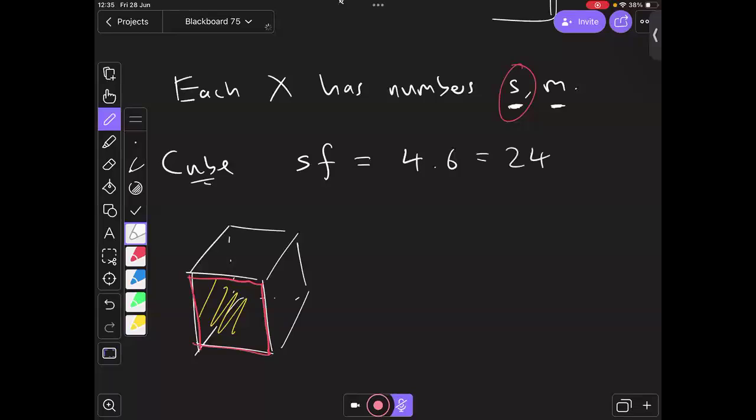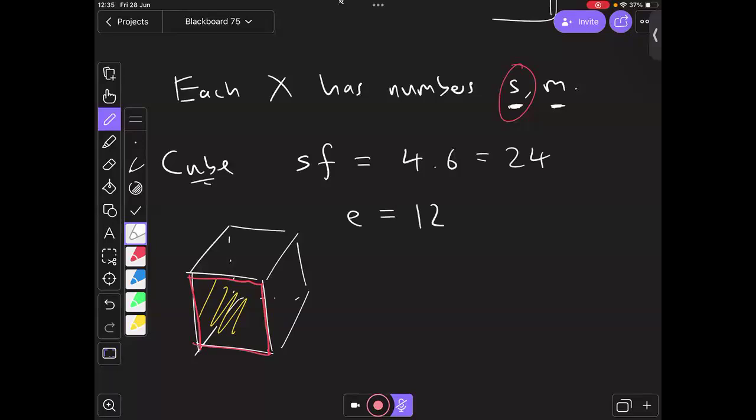So is 24 the total number of edges on the cube? What's E for the cube? Count them. What's the number of edges for the cube? 12. So we divide by 2. So 24 is not correct.